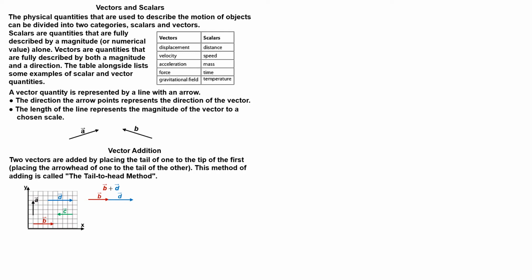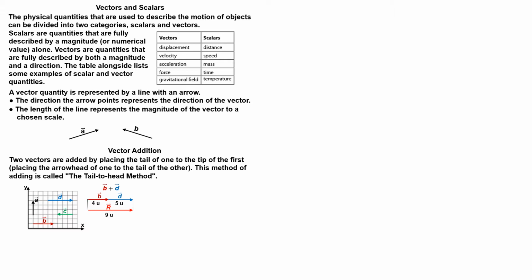In other words, draw the vector d with its tail at the head of vector b. The vector sum, or resultant vector, is the vector that extends from the tail of b to the head of d. The vector b measures 4 units on the right, and the vector d measures 5 units on the right. So, the resultant vector measures 9 units on the right.